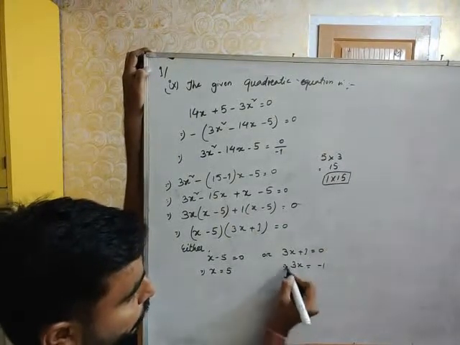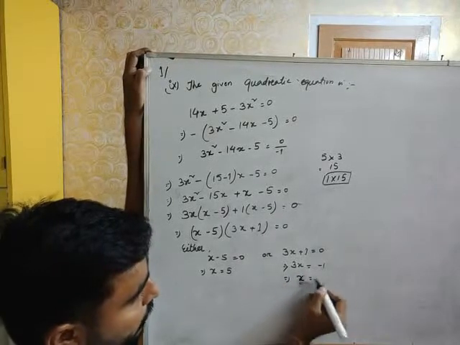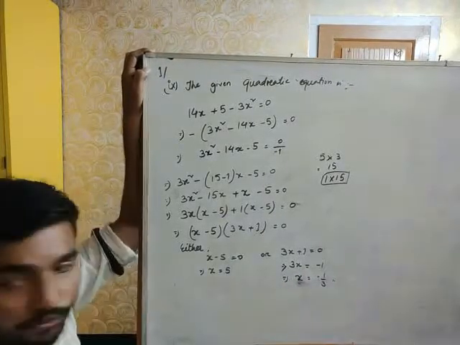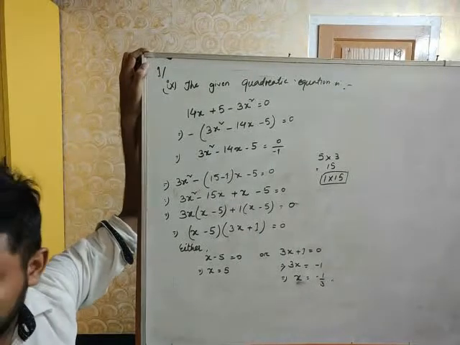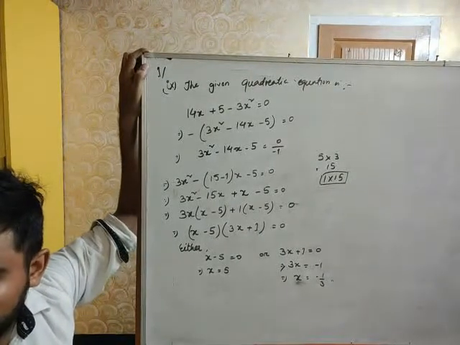Thrice x is equal to minus 1, which implies x is equal to minus 1 by 3. Any doubt? This is just normal factorization.